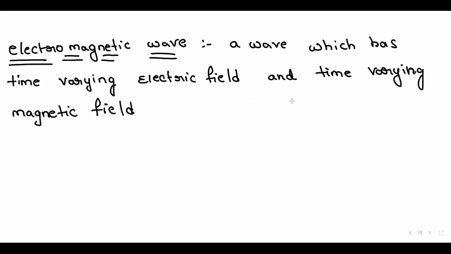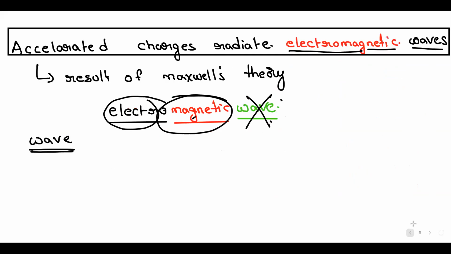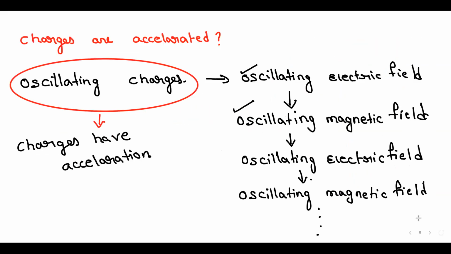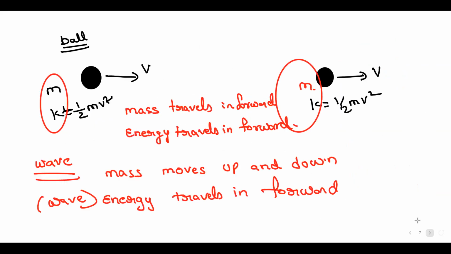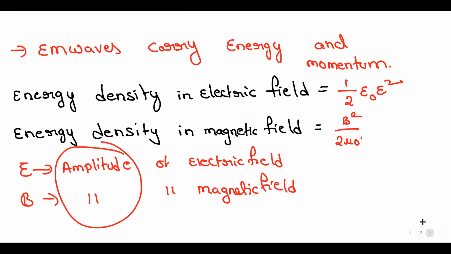Next. So what is an electromagnetic wave? A wave which has a time varying electric field and a time varying magnetic field. Nice. See this table, this is also important. So how are electromagnetic waves generated? By oscillating charges. Yeah, very good. By oscillating charges or accelerated charges. Okay.